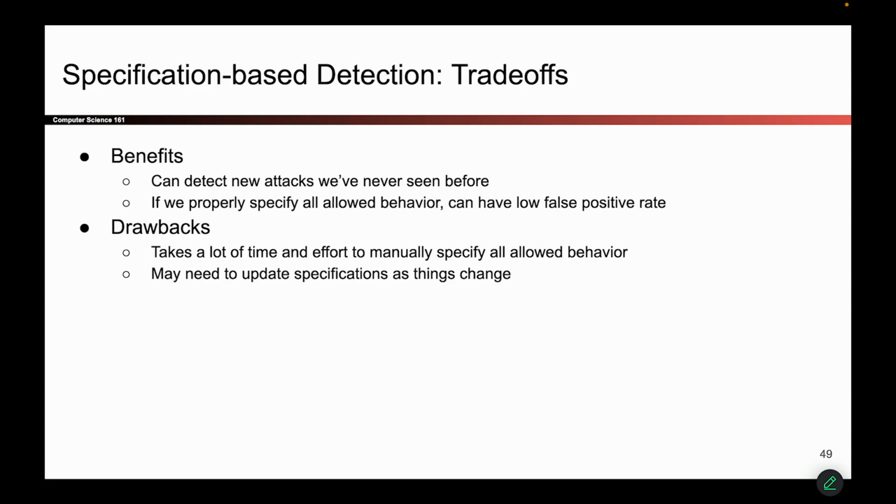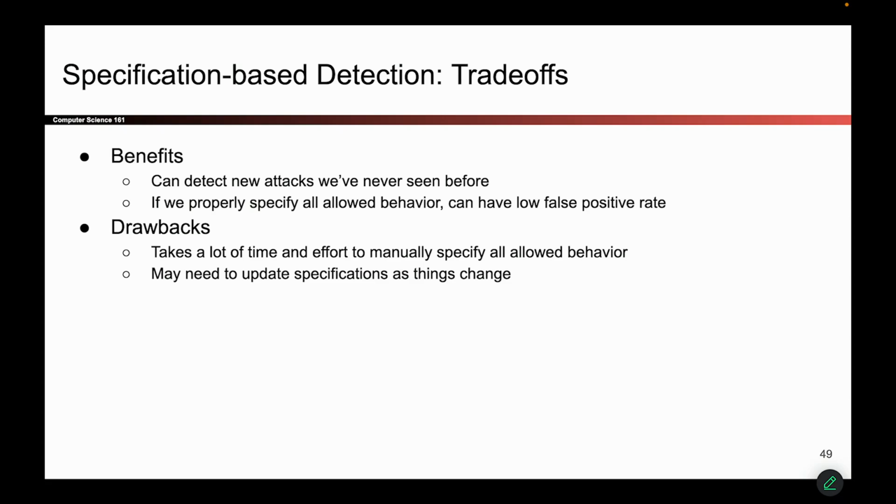Benefits and drawbacks, once again, kind of the opposite of signature-based detection from earlier. So unlike signature-based detection, which could not detect new attacks, specification-based detection can detect new attacks you haven't seen before. So if you're limiting the allow list to only numbers and letters, even if the attacker comes up with a brand new attack, if it doesn't use numbers and letters, you're going to catch it.